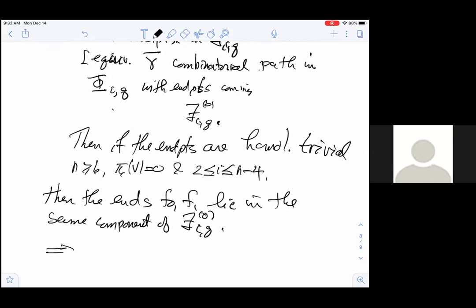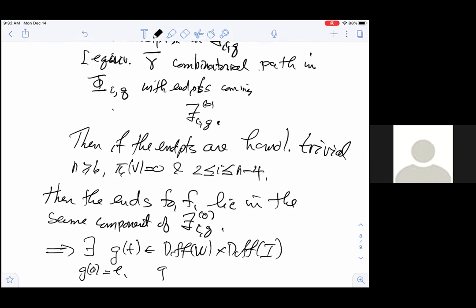So that implies there exists a one parameter family of diffeomorphisms of W cross diffeomorphisms of I, where g of 0 is the identity, so that g of 1 acting on f naught is f1.